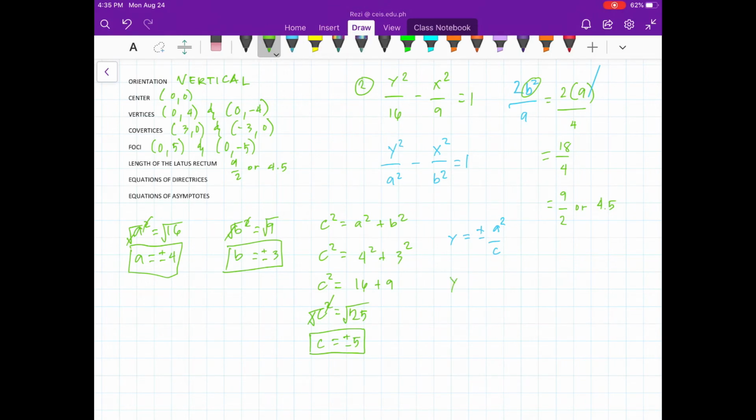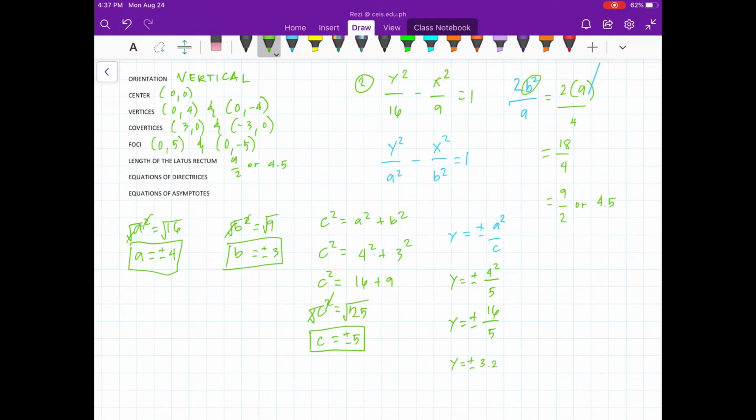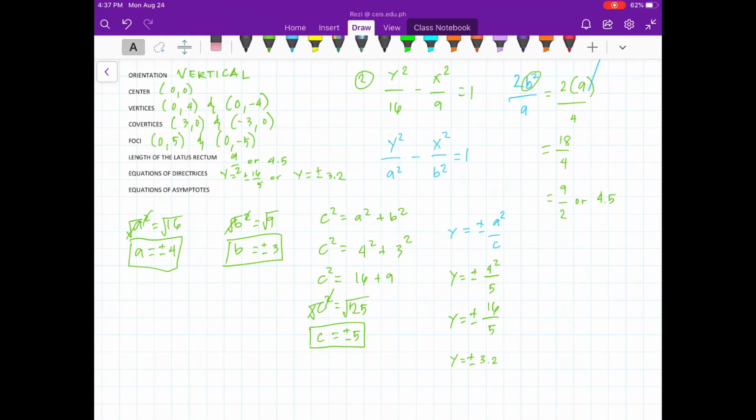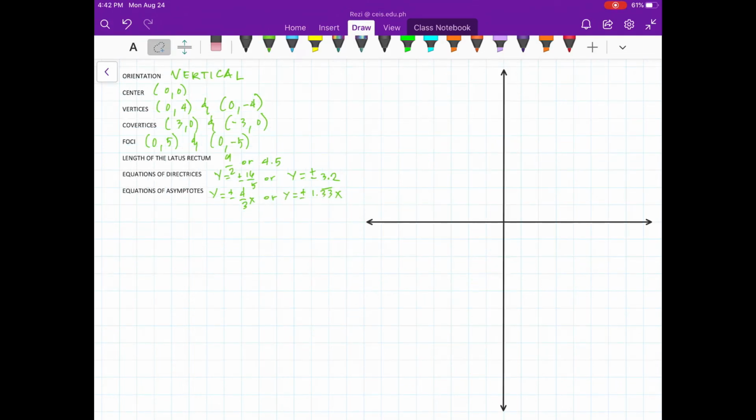We have... For the equation of the asymptotes, we have... Substitute the values. We have... Let's graph this.